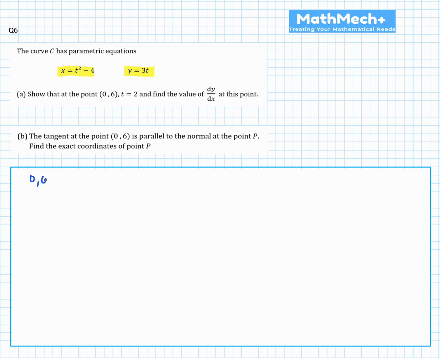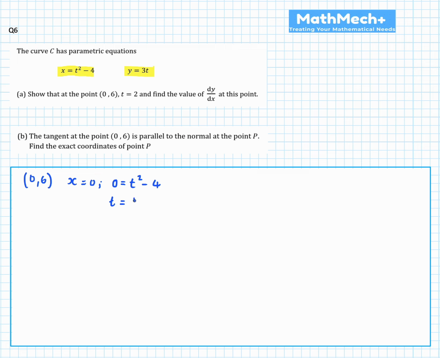With parametric differentiation, the first thing we're going to do is sub in our values for x and y that we were given, 0 and 6, to find our value for t, which should be the same for both. So when x is equal to 0, t squared minus 4, so t is equal to minus 2 or 2.